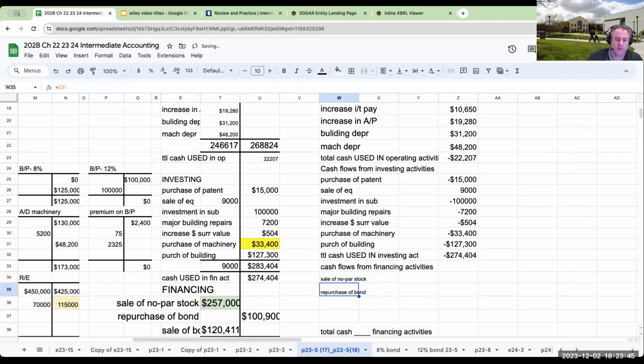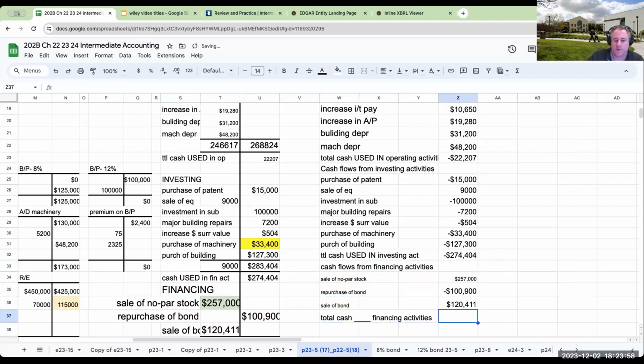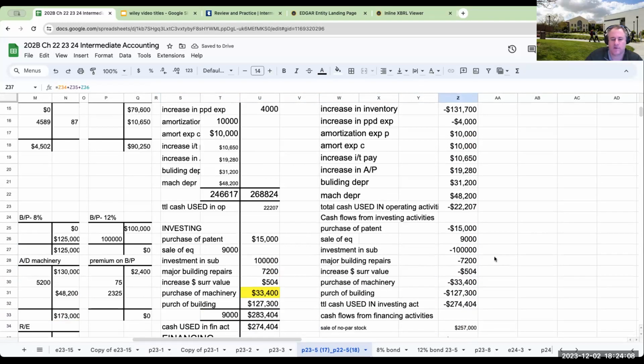Cash from financing: sale of no par stock, repurchase of a bond, sale of a bond. This is going to be a positive amount. This is going to be a negative amount. This will be a positive amount. And because the amount is positive, this is going to be total cash provided by financing activities, 276.